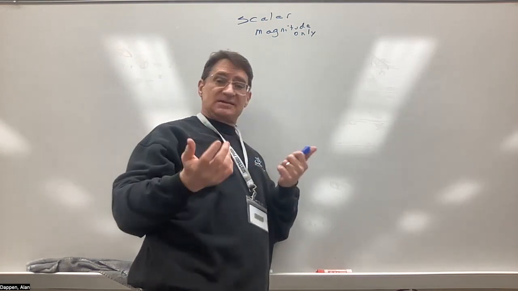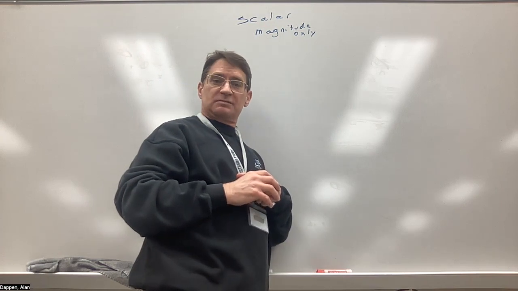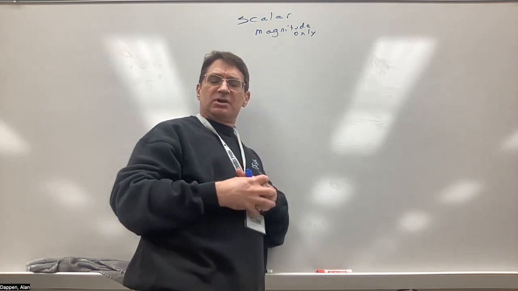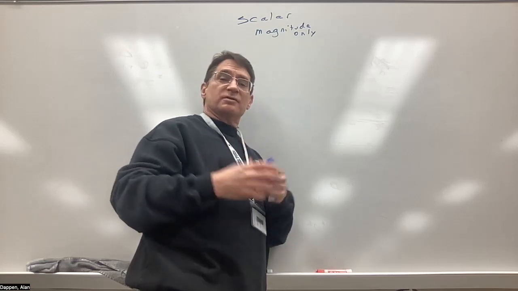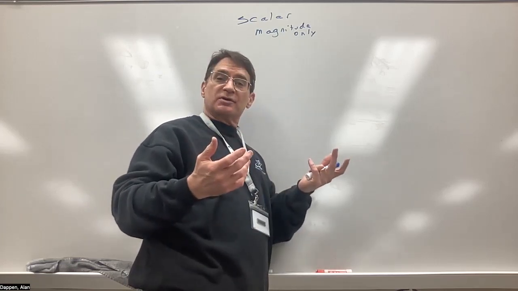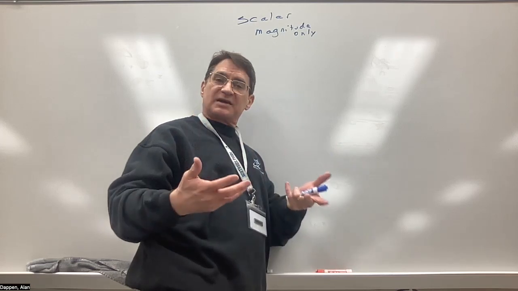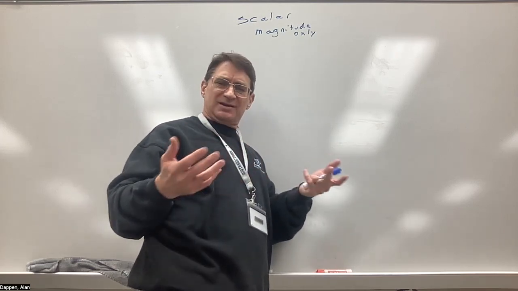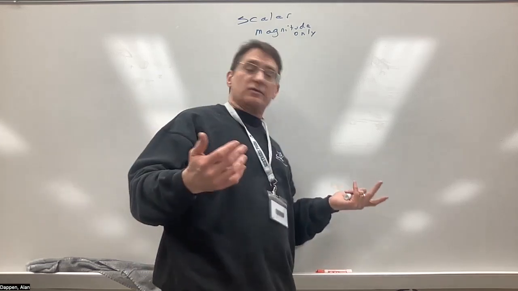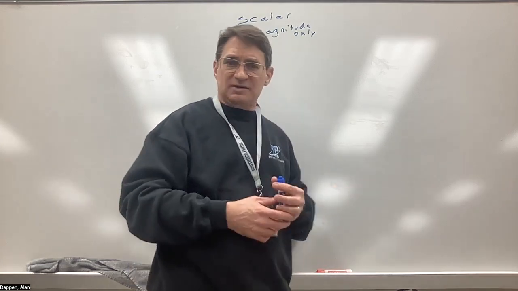If I tell you my mass is 65 kilograms, that's how much matter is in me. There's no direction to that. If I tell you the temperature in this room right now is 72 degrees, that's a scalar quantity. It has a size, 72 degrees. It doesn't have a direction. I wouldn't say, oh, it's 72 degrees in here to the west. I mean, that makes no sense.